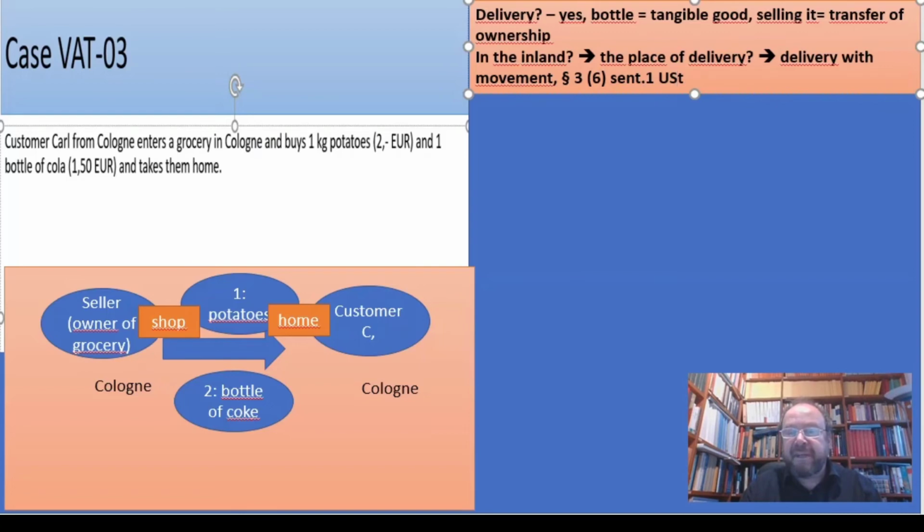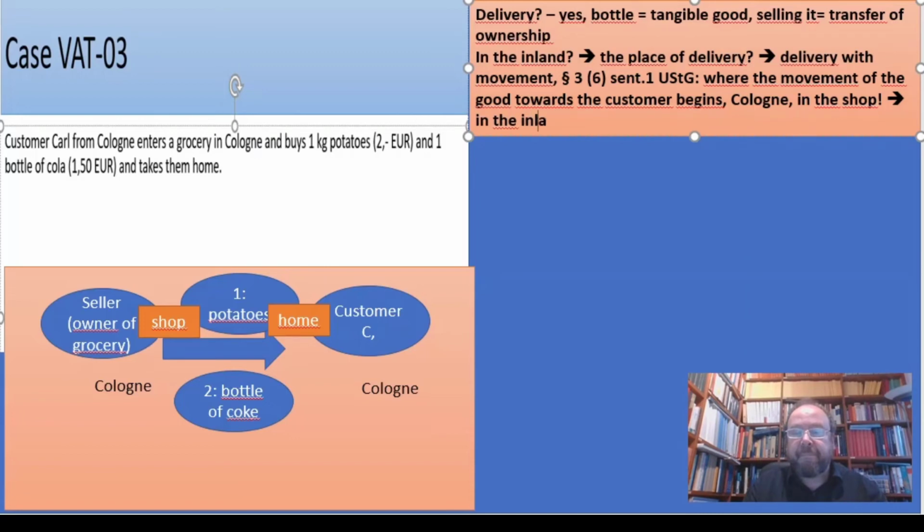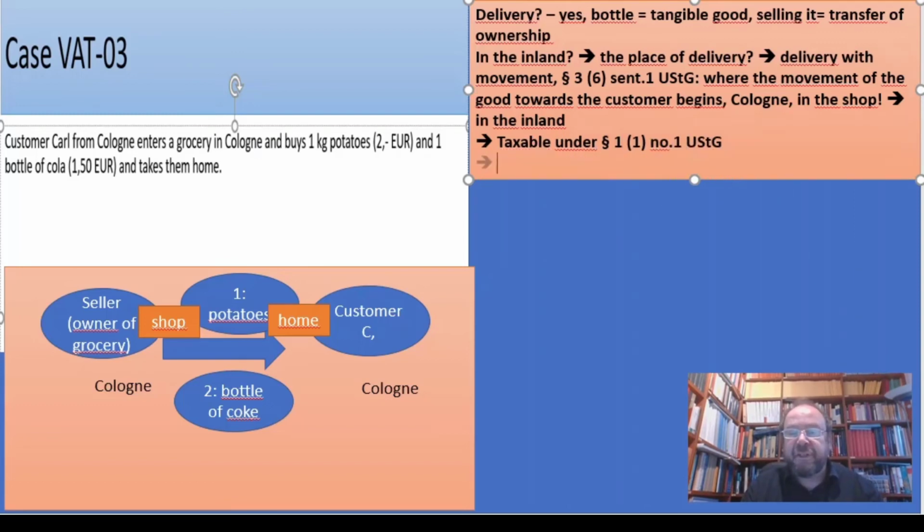I hope you remember that, where the movement or the transport of the good towards the customer begins. This is Cologne, in the shop. That's in the inland. So the whole affair is taxable under paragraph 1, number 1 UStG.